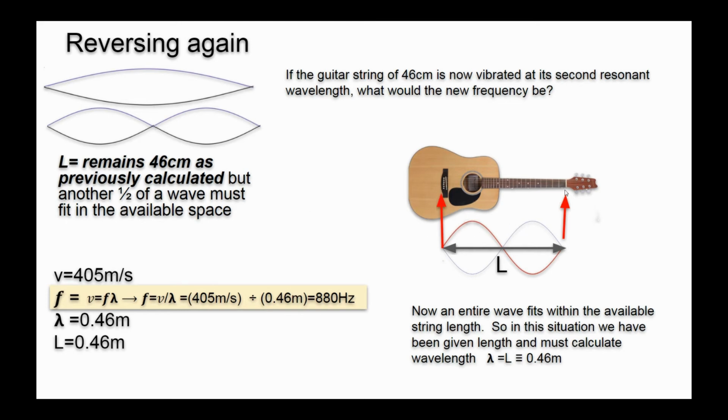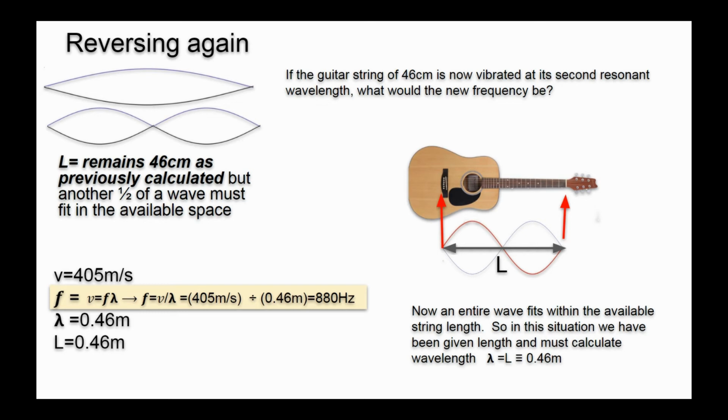Between the bridge and the nut, we are now fitting an entire wavelength in there. And we already know that it's 46 centimeters from here to here. So this one is pretty straightforward. The wavelength is exactly the string length in this one. The length of the string L is exactly lambda.